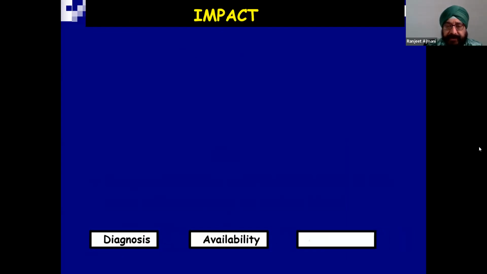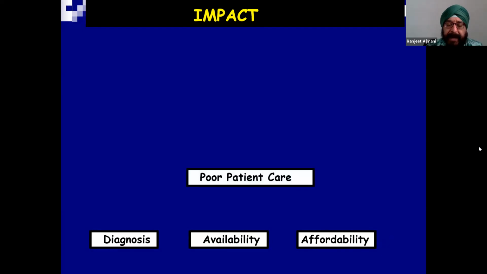And by doing fractionation, how do we travel the pyramid? The most important part is you diagnose the disease, then the product should be available. When the product is available, it should be affordable. By doing this, you will be able to improve patient care, which is poor at this moment, and probably increase life expectancy.